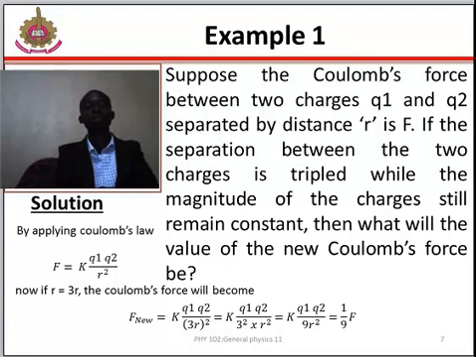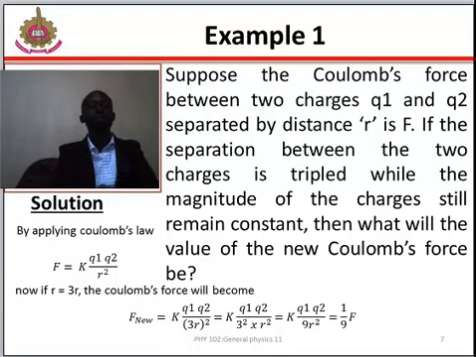In this case, since r is equal to 3 times the original distance, the new Coulomb force will be F new equals K Q1 Q2 divided by the square of the new distance, which is 3r squared.